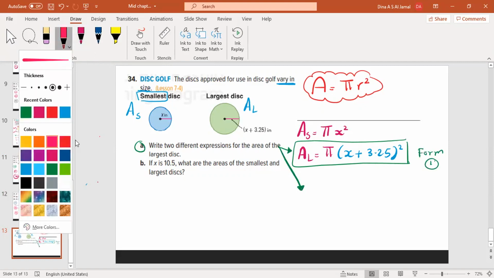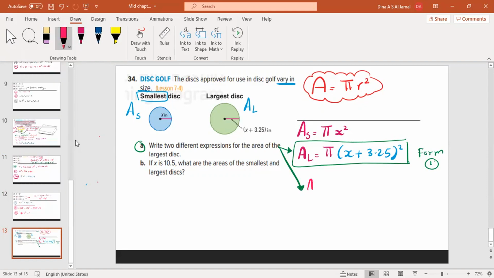Whenever you are having addition and all squared, you can just use the rule of a plus b all squared, which will be a squared plus 2ab plus b squared.